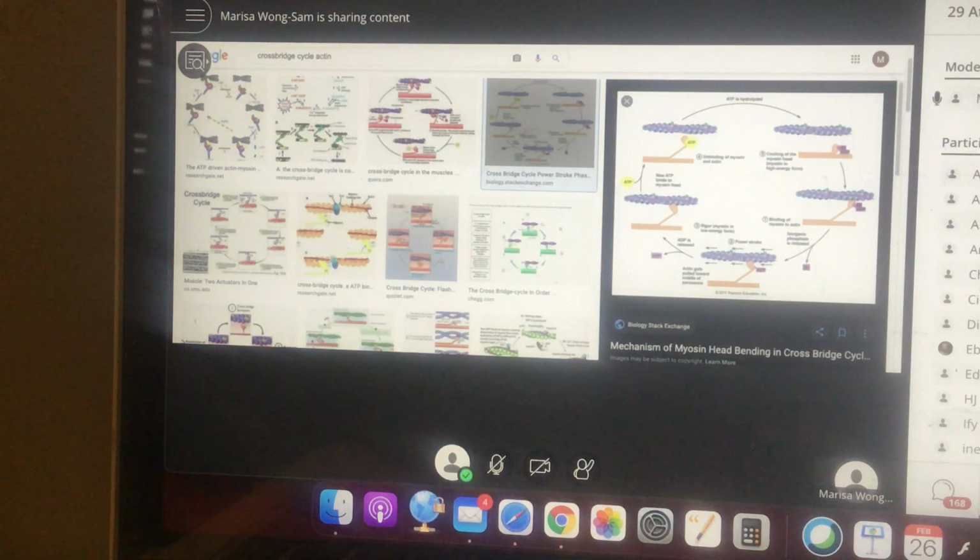It's kind of a matter of semantics. I have to look at the lecture notes, but the main point is that you don't hydrolyze ATP during the power stroke, meaning you are not transferring the energy from ATP to the myosin during the power stroke.